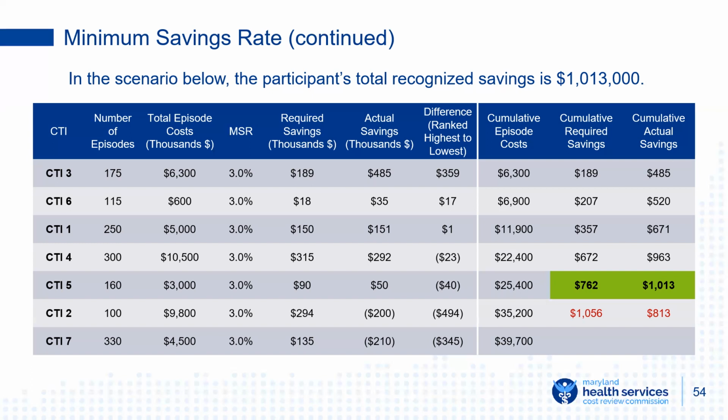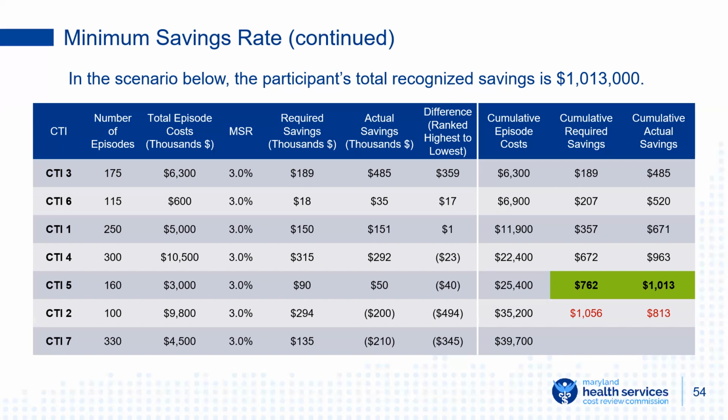However, when we get to our sixth CTI, you can see that they missed the target price by a considerable amount, $494,000 in aggregate. This participant doesn't have enough accumulated excess savings to make up that difference. And so at this point, we stop the reconciliation process and go back to the cumulative savings from the last CTI, which you can see in the green there is $1,013,000.